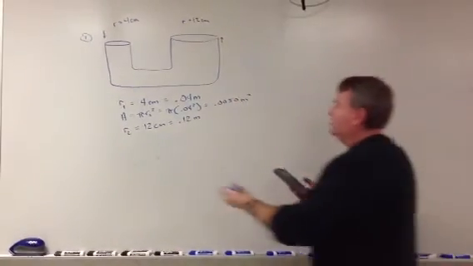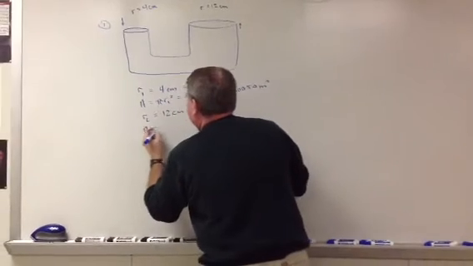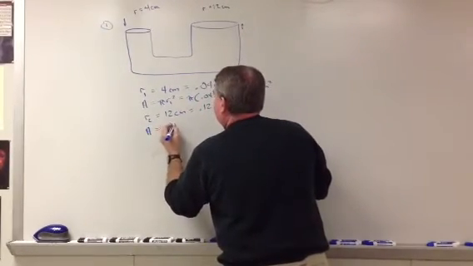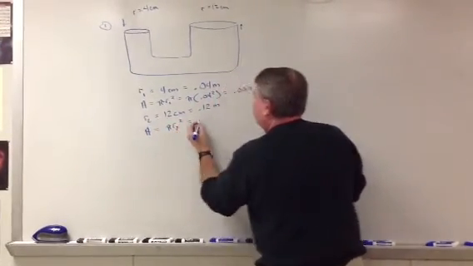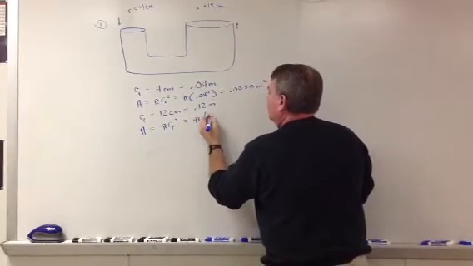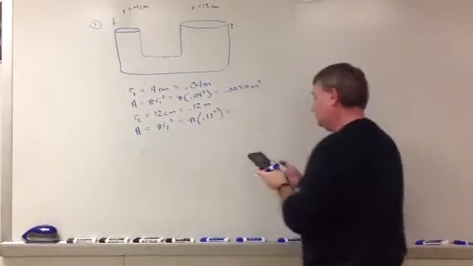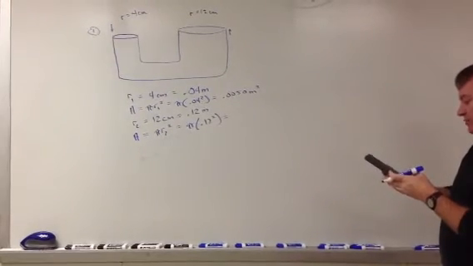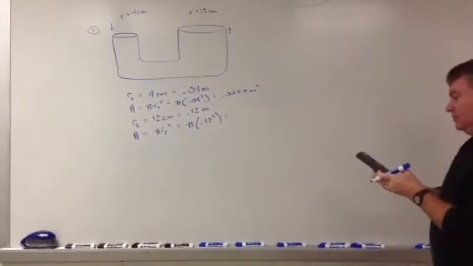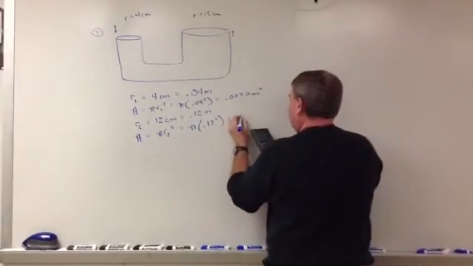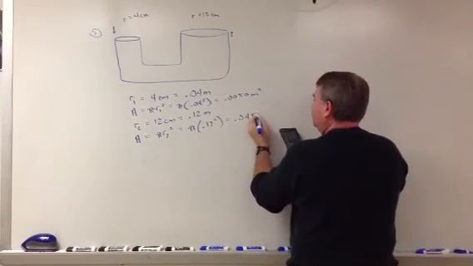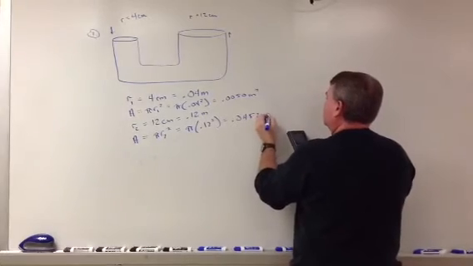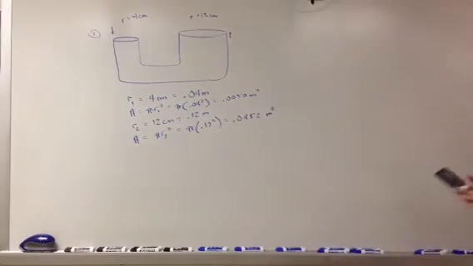And the second piston will have an area equal to pi r2 squared. So that's going to be pi times 0.12 squared. 0.12 times 0.12 times pi. And that gives us 0.0452 meters squared. We'll round off just a little bit there.